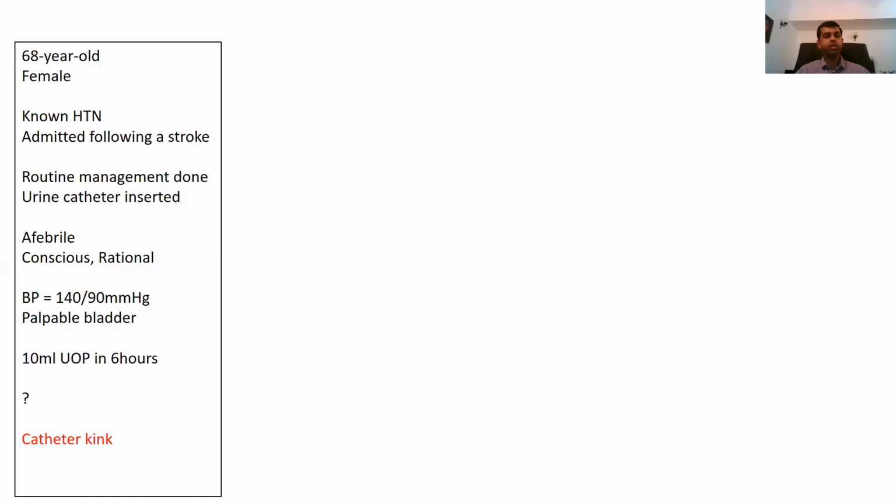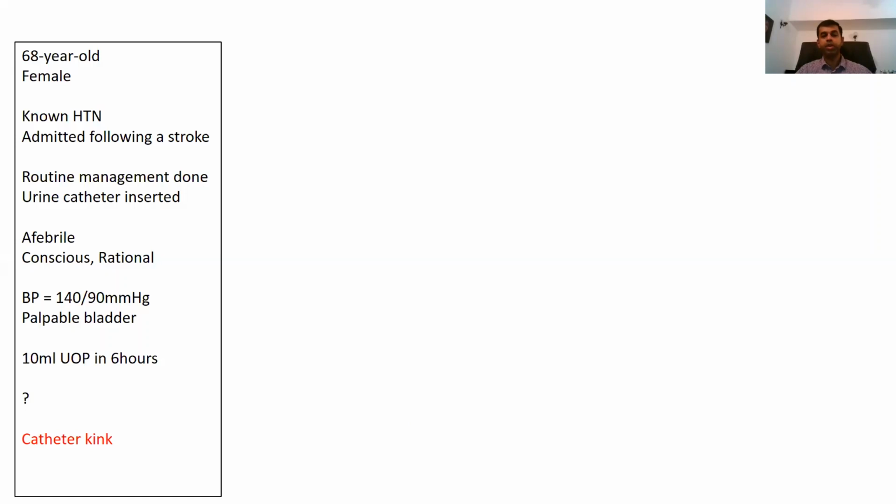This is very likely a catheter leak or catheter kink, because this patient has a palpable bladder, which means the patient's producing urine, but there's a kink in the catheter. So it's simply a matter of adjusting that kink, and then you have a urine output, and no more investigations are necessary in the direction of oliguria.